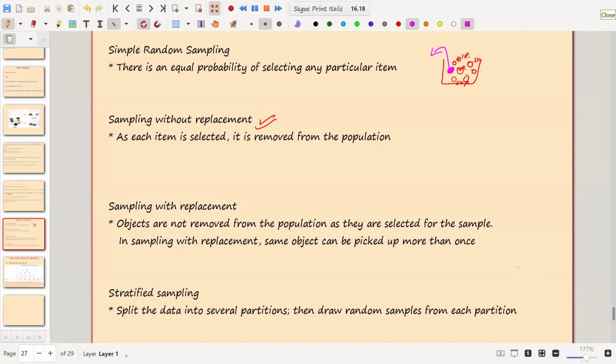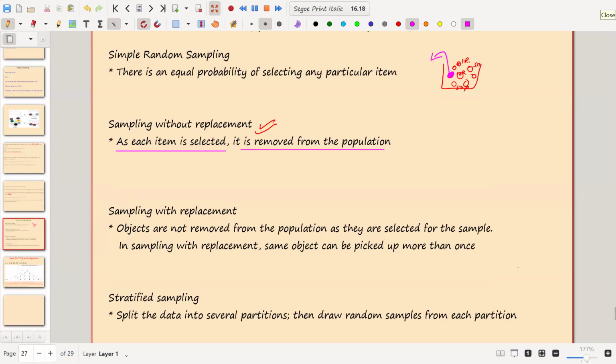We can say that for sure, right? Because you took that pink coin already. Are you understanding? You are not replacing the pink coin back. So that is sampling without replacement. Therefore, the pink coin won't be there, right? Good. So each item that is selected is removed from the population. So here the pink coin is removed.